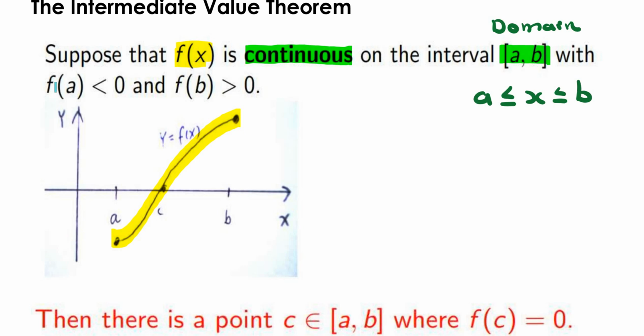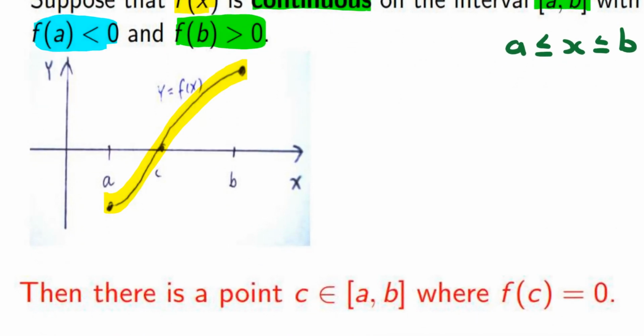And if we're given that f of a is less than 0, meaning you're below the x-axis, and if your b value over here is above the x-axis, then you must have at least one x-intercept in that domain. And hopefully that makes sense, because if I take a look at this point right here, the y value there, which is f of a, is definitely below the x-axis, right?